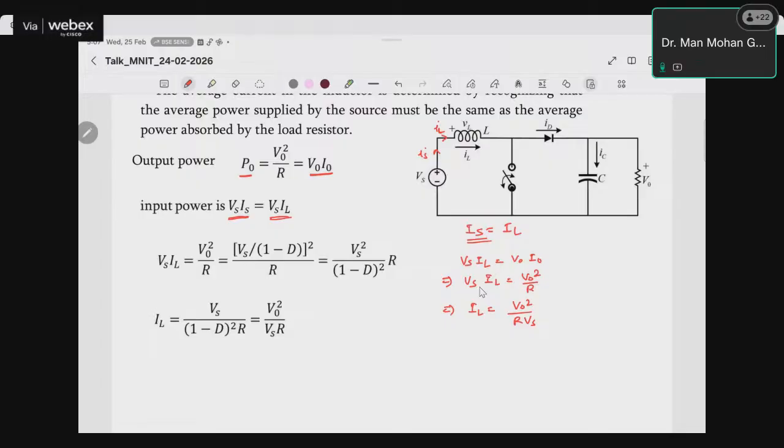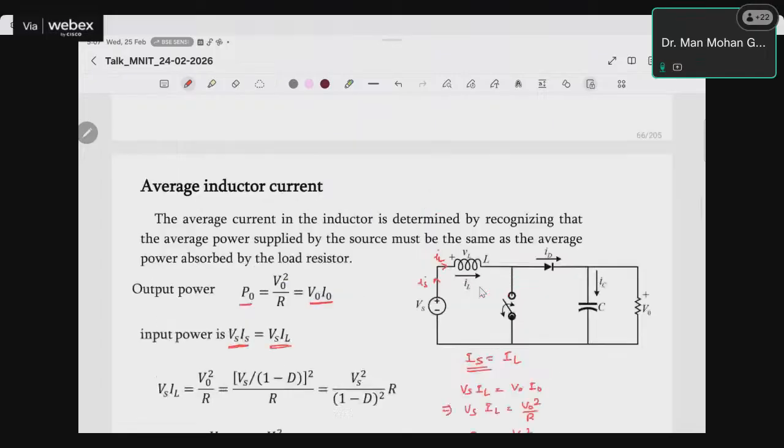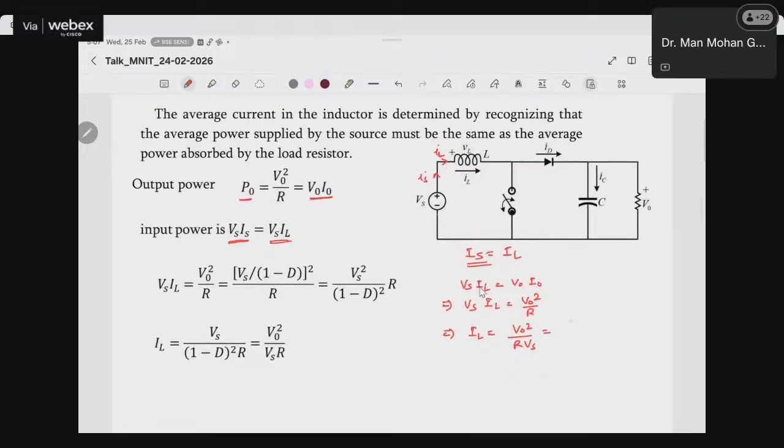Now depending upon in which terms we want to find the value of this, we can put the value of V node here. We can eliminate either V node or Vs from here.